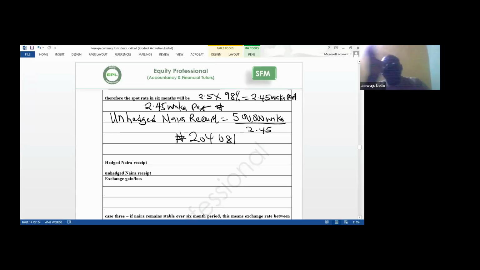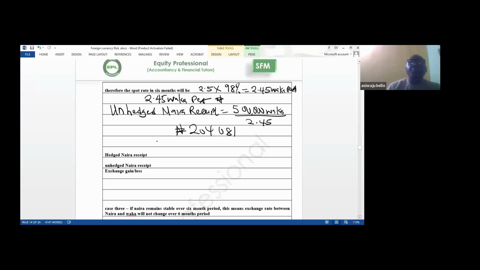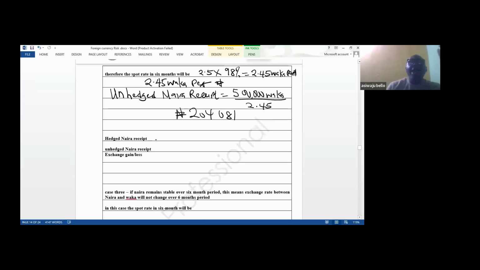That means assuming our company has not hedged under the forward market, we would have received 204,082. But because we have hedged, we are going to receive 197,239.